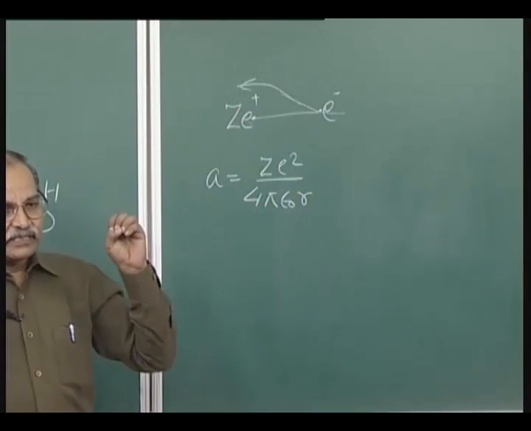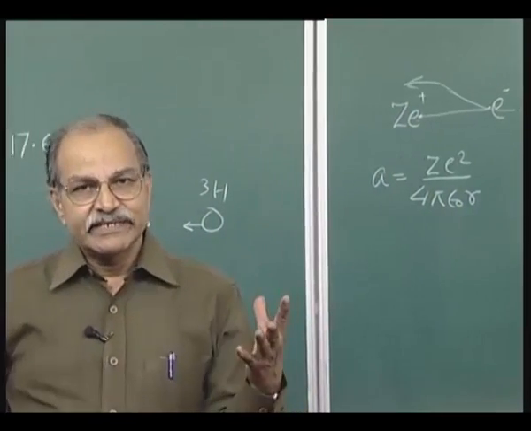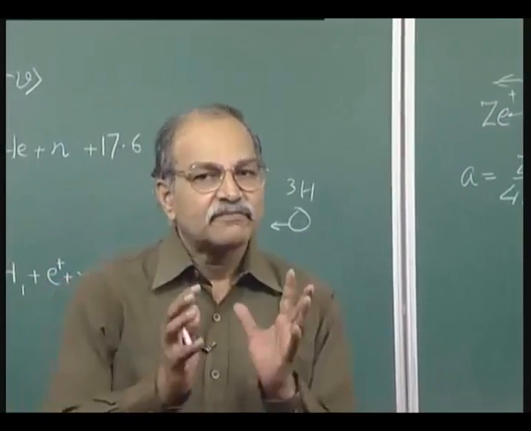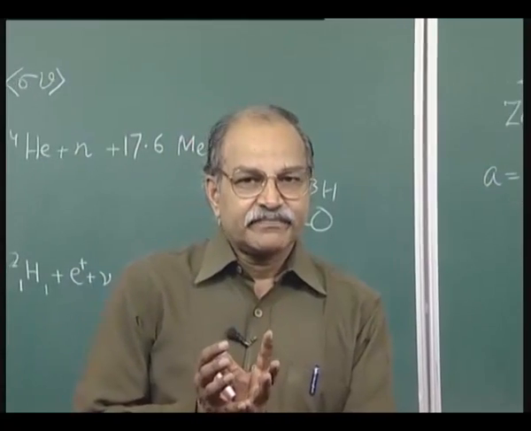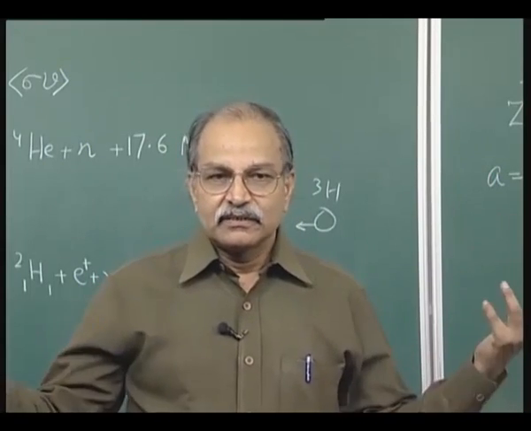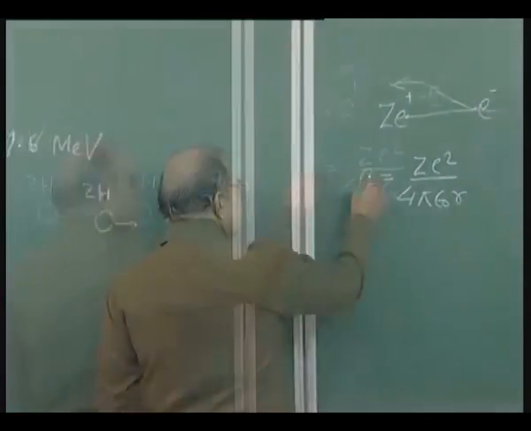Once the acceleration is there, these charged particles will emit radiation, and that is a loss of energy from that system. The energy is radiated in terms of X-rays or any wavelength of gamma rays.